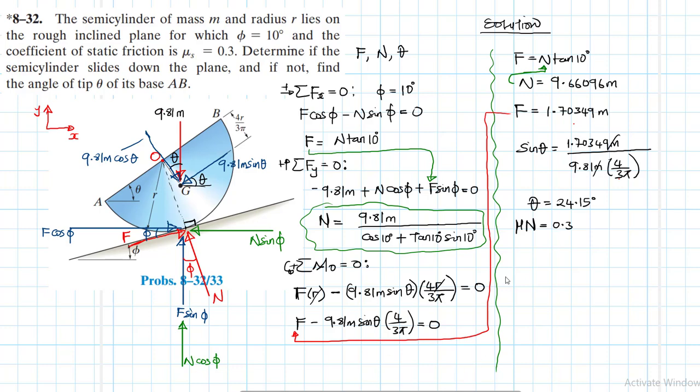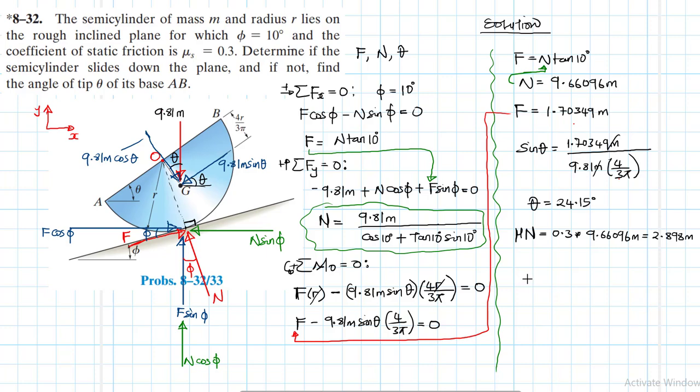This is the maximum friction that we need to compare with our friction F. What is our n? Our n is 9.66096 m. If we multiply that by 0.3, this gives us 2.898 m.